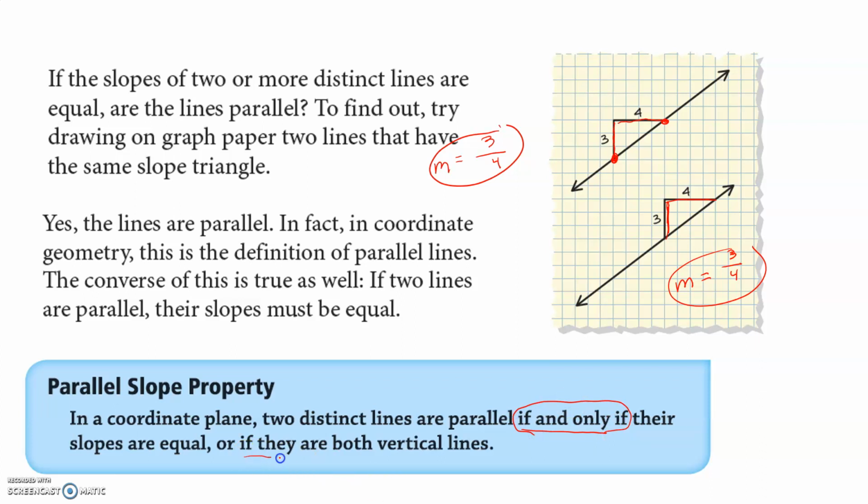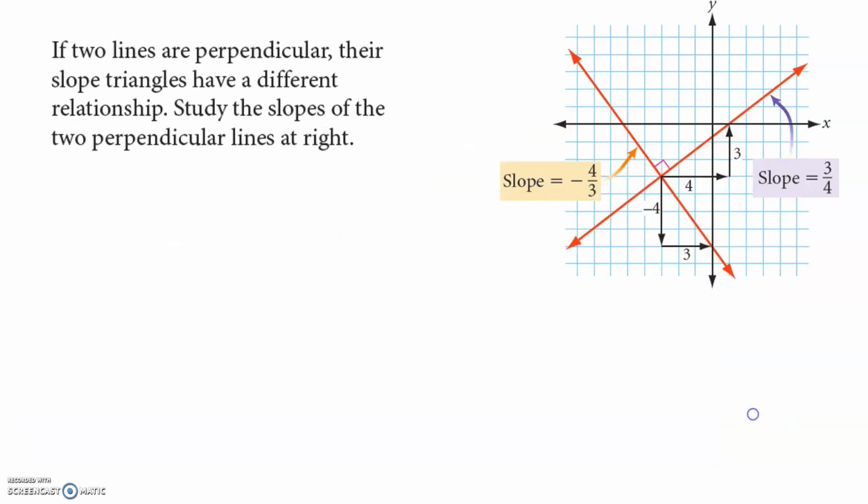The reason that they say or if they are vertical lines is because, remember, vertical lines have an undefined slope. So their slope would be some number over 0. So that's why they're not saying that these lines would have a slope. So that's why they kind of add that in there.